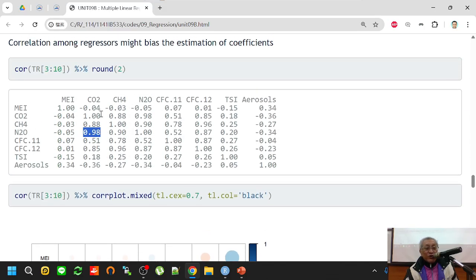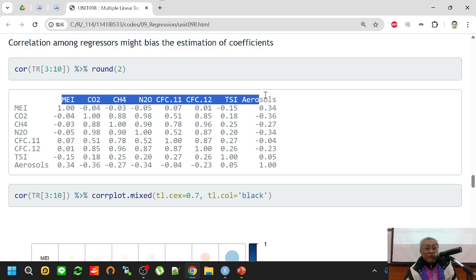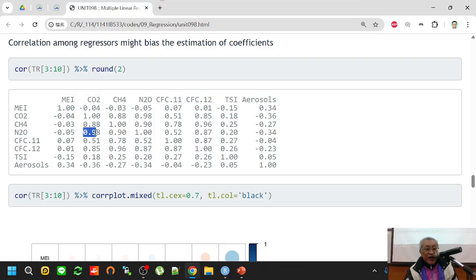If we visualize this, there's a way to visualize this. This is called a correlation matrix, right? We did that before, right?